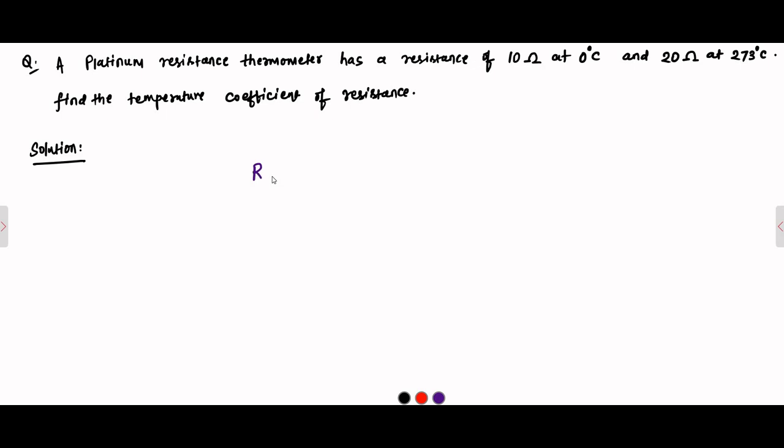RT is equal to R0 into 1 plus alpha into T minus T0. Here T is the specific temperature which is to be measured, or the reading which is taken at the specific instantaneous value of the temperature.